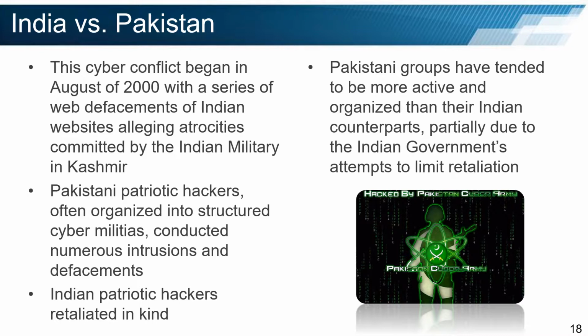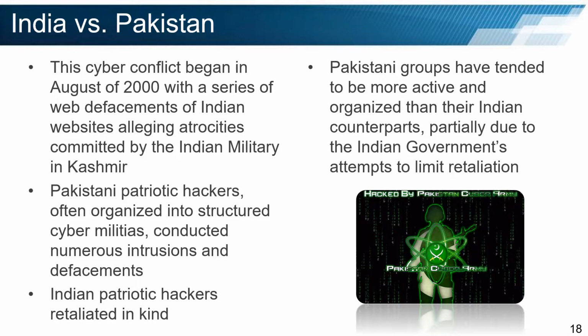This cyber conflict began in August of 2000 with a series of web defacements of Indian websites alleging atrocities committed by the Indian military in Kashmir. Pakistani patriotic hackers are often organized into structured cyber militias and have conducted numerous intrusions and defacements. Indian patriotic hackers have retaliated in kind.